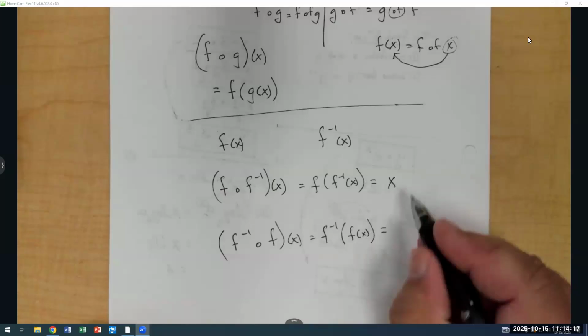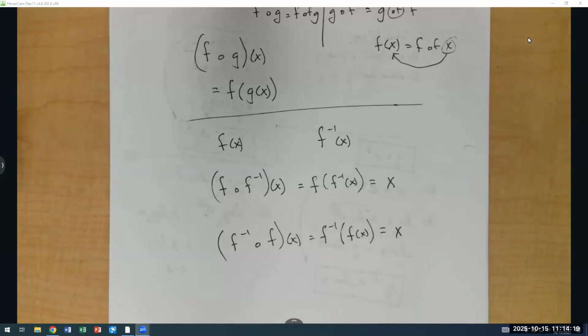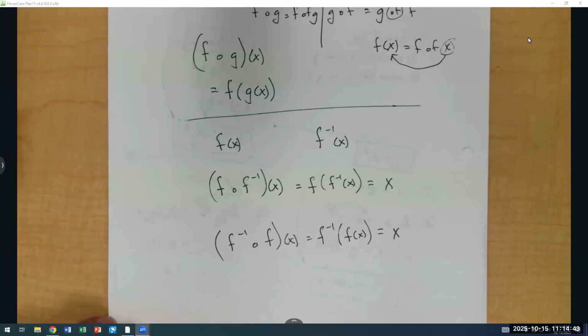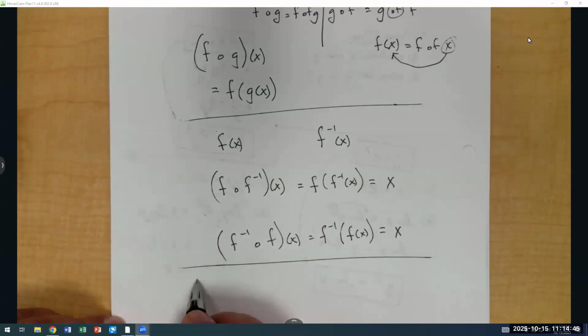They both have to equal the same thing. They both have to equal x. And to be safe, we usually take both of these when we do a test. But we get lazy, we only do one and say it's 50-50 chance the other one works. So have it your way. So let's look at our examples that we had earlier.